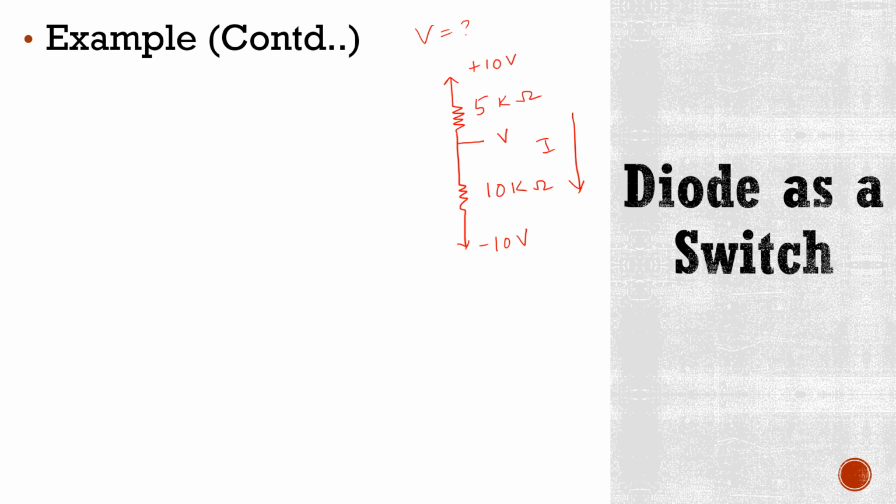And if we look at this half of the circuit, it can be drawn something like this. This is point V, this is 10 volts, this is 5 kilo ohms, and we know that in this direction current I2 is flowing.